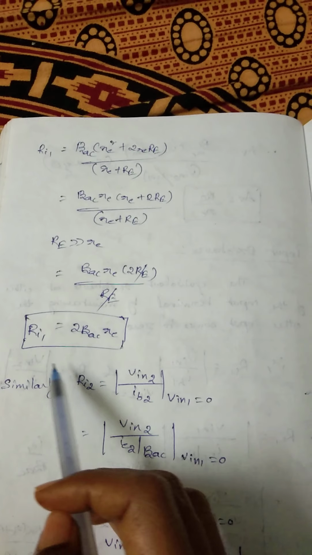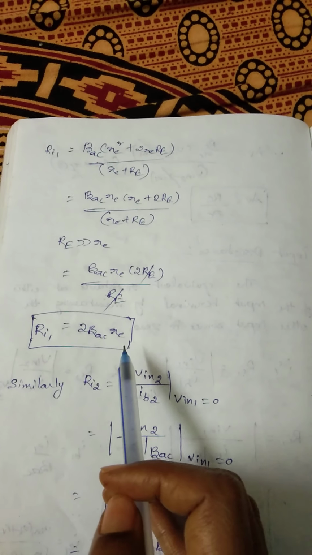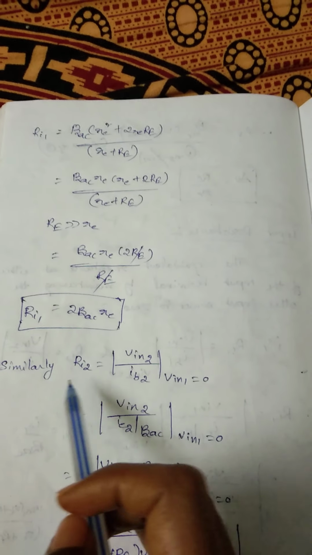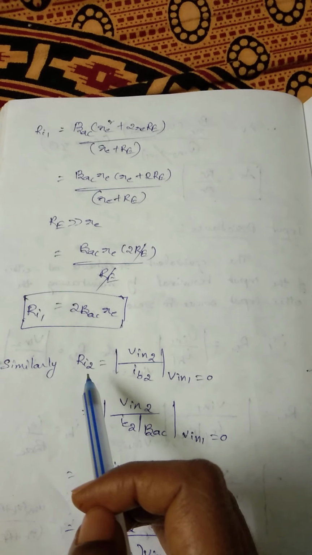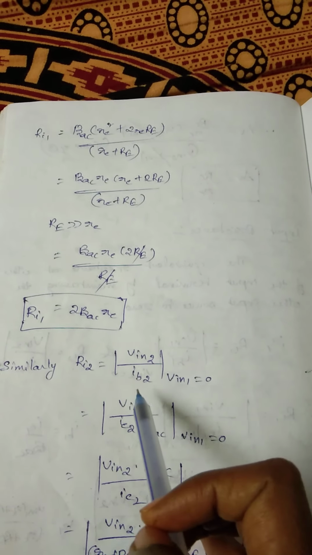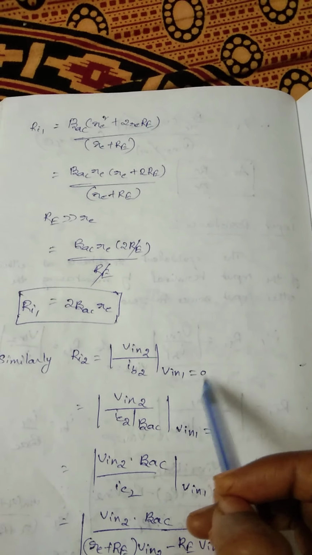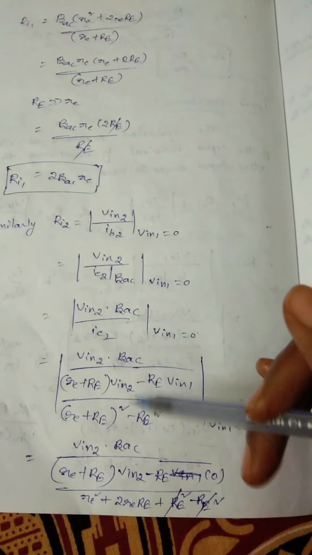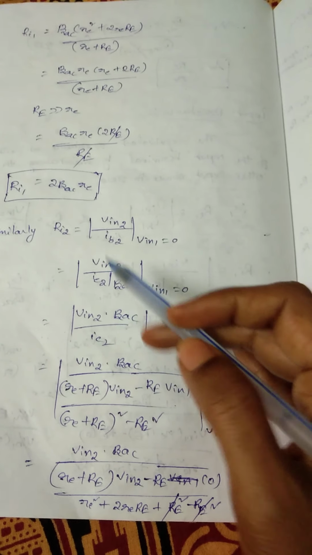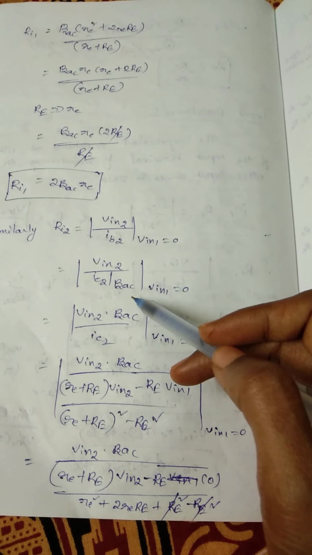This is the input resistance at the first terminal, and similarly we can also find out the input resistance at the second terminal. So that is Ra2 is equal to Vn2 by Ib2 by maintaining Vn1 is equal to 0. So by applying the same procedure, that means substitute the value of Ib2, that is Ie2 by beta Ac.